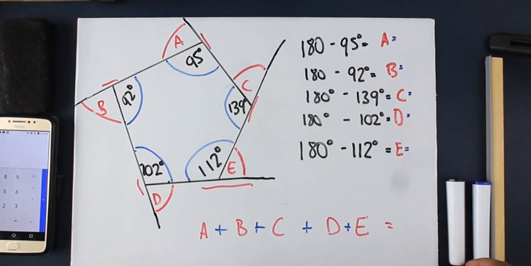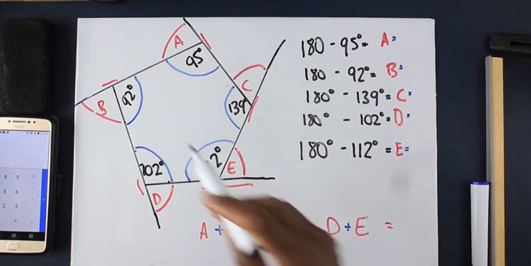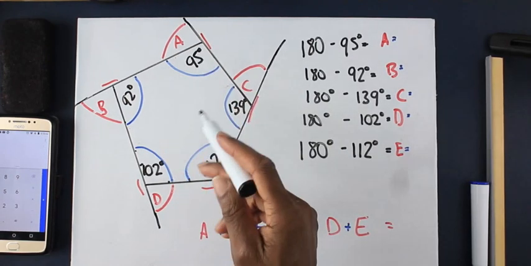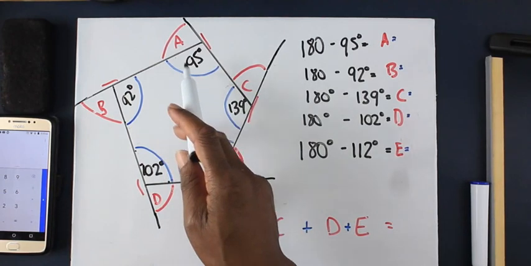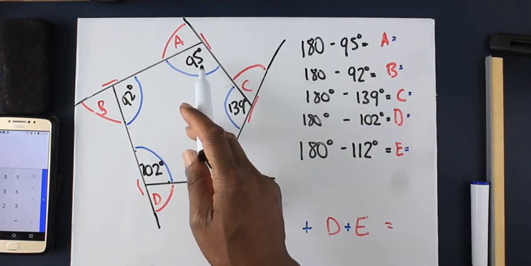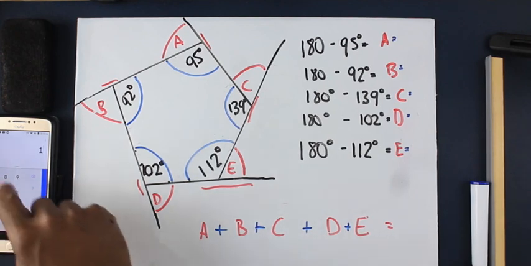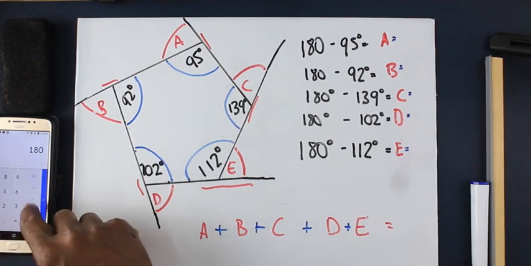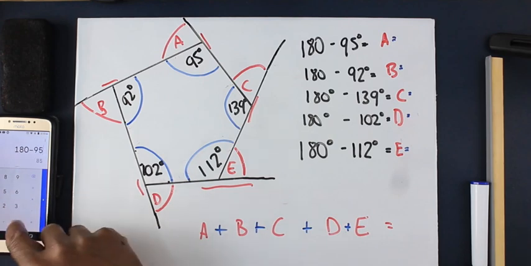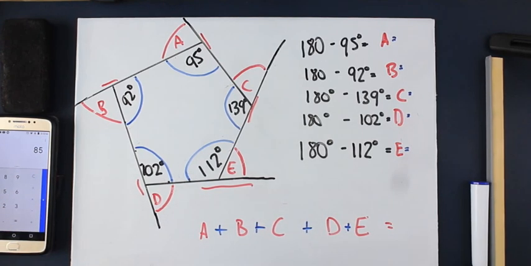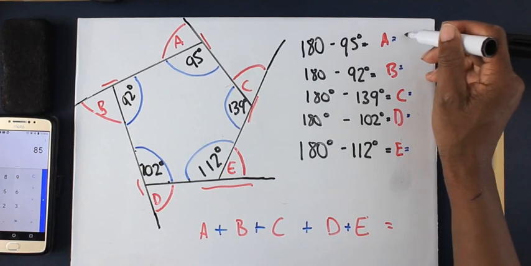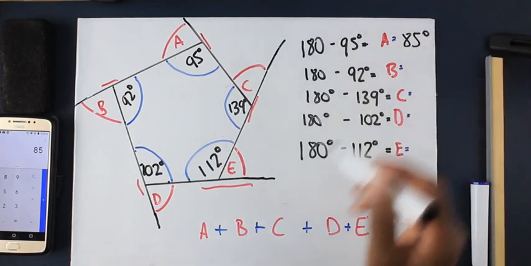So let's go through all of them. Let's start with A. The internal angle that's adjacent to it is 95 degrees. So 180 minus 95 is going to give us the angle A. So 180 minus 95 equals 85. So A equals 85 degrees.